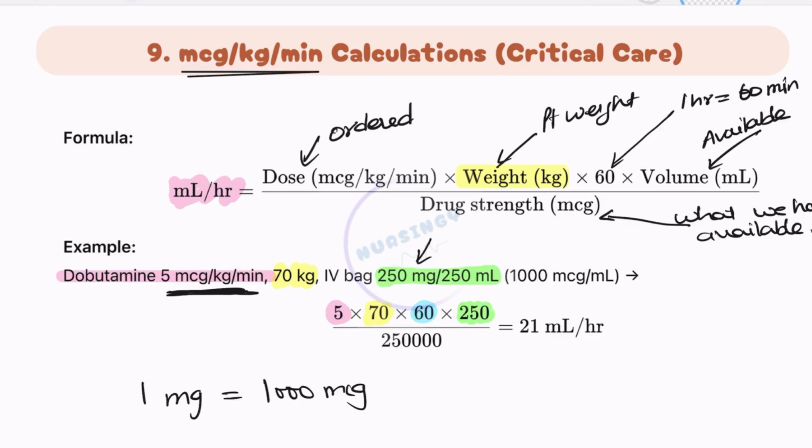So it will be 250000. Then we put everything in the equation: 5 times 70 times 60 times 250 divided by 250000, and that will give us the answer 21 ml per hour.